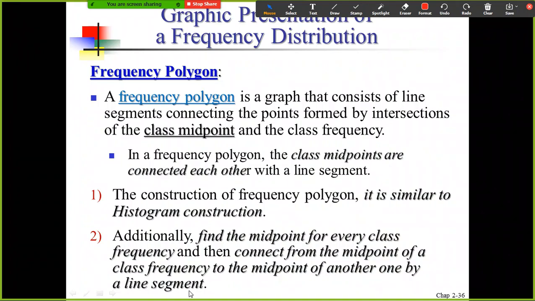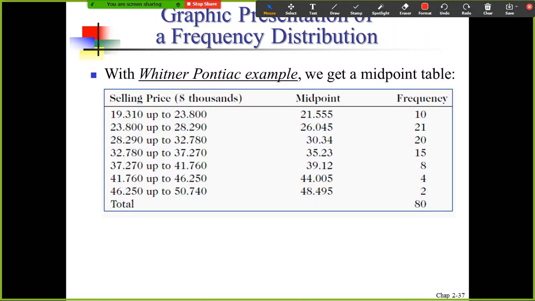So how do we construct, how do we develop a graph of frequency polygon? Suppose that we have data from our previous example about cars sold, the price of cars sold last month.